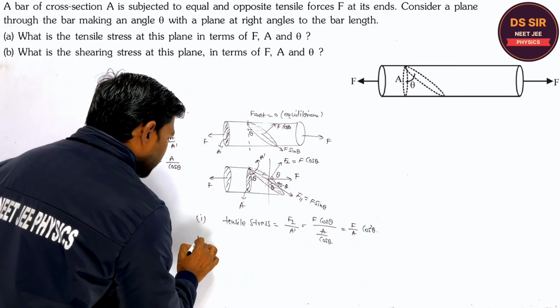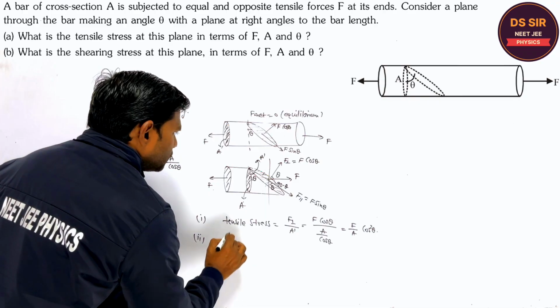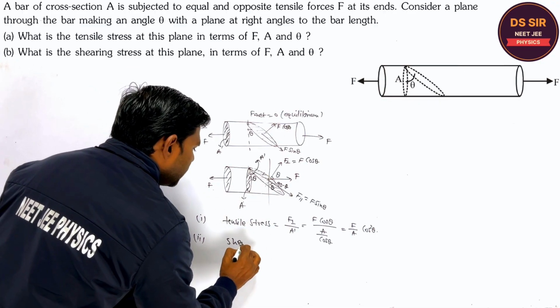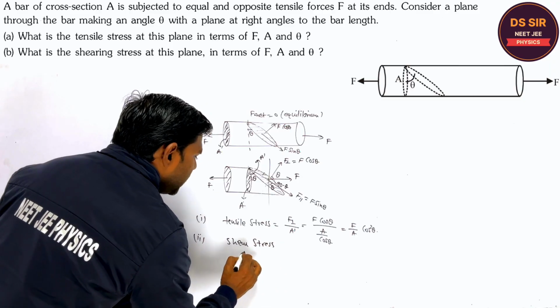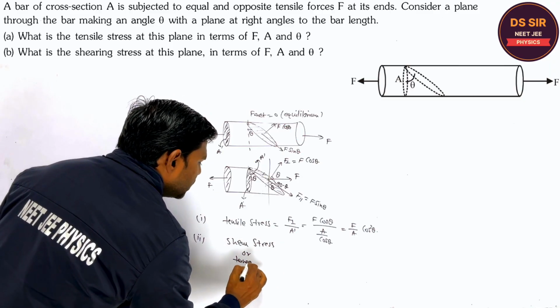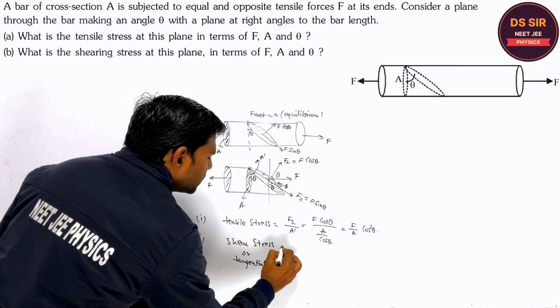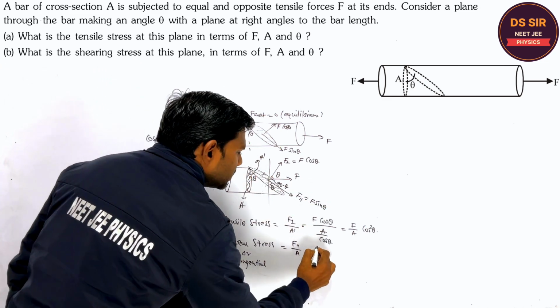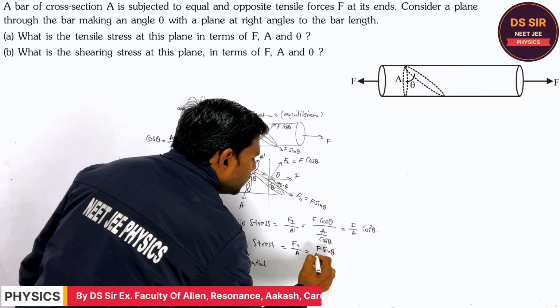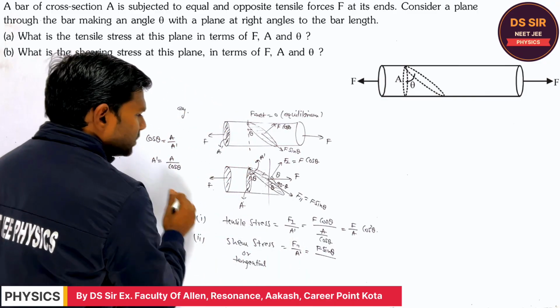All right. Second thing is shear stress, or tangential stress. Tangential stress is nothing but parallel force upon area. So what is the parallel force? Say F sin theta divided by area, which is A dash.